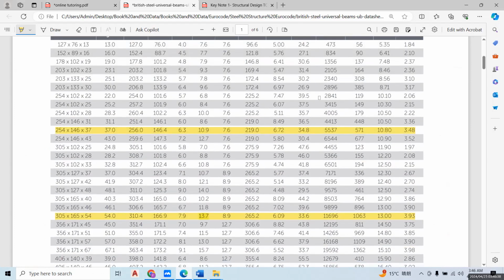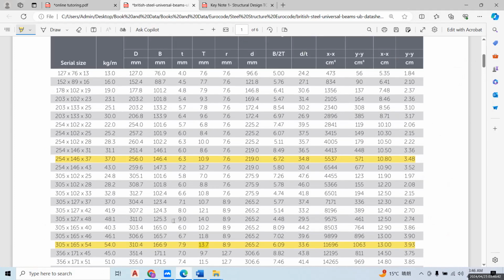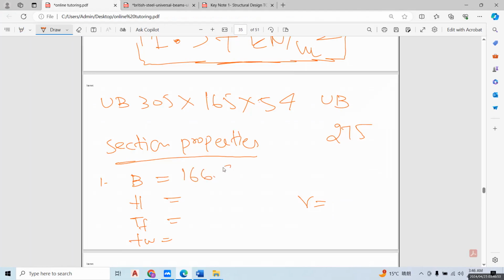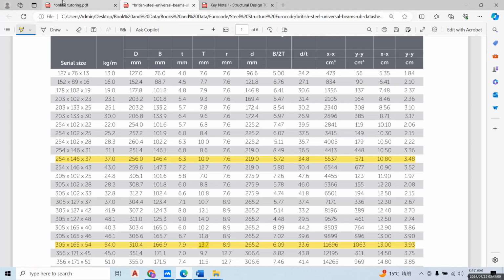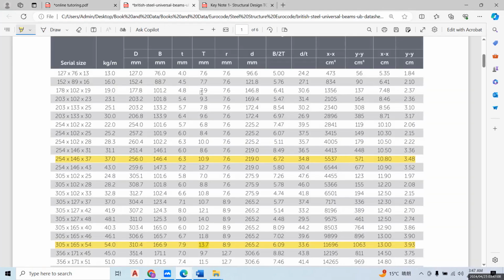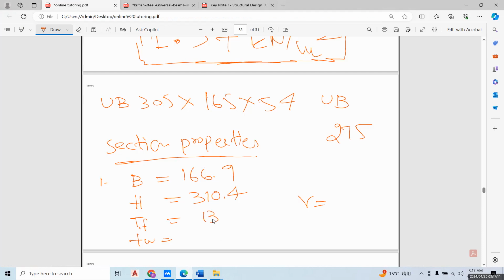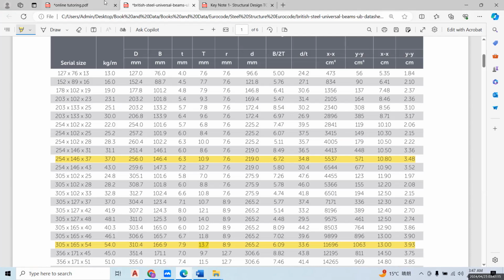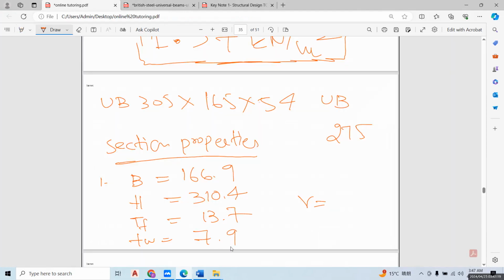Just note down those values. Breadth is 166.9, height is 310.4, thickness of flange is 13.7, thickness of web is 7.9, and R is equal to 8.9. These are all the values in mm.